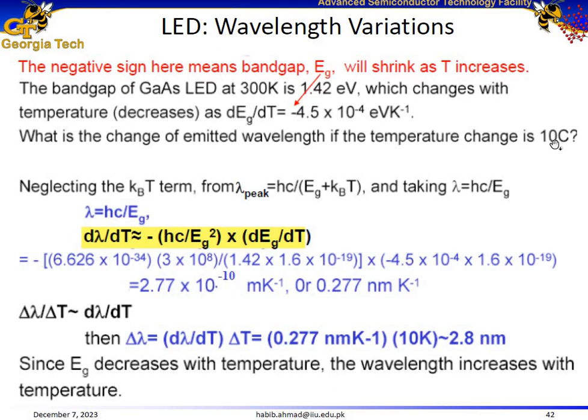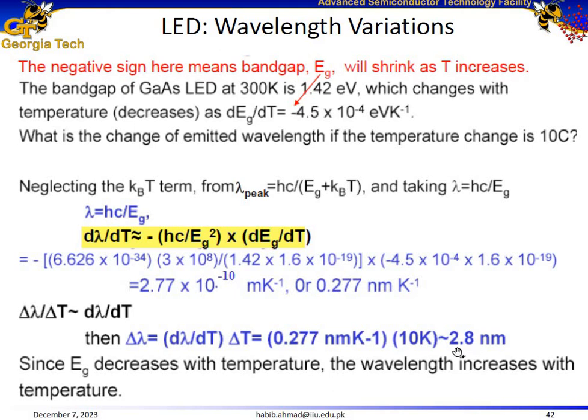Since it's a change, we can write it in terms of Kelvin because all the calculations are in terms of Kelvin. So it comes out to be 2.8 nanometers. For a 10 degrees C change, we see a 2.8 nanometer change in a gallium arsenide based LED.